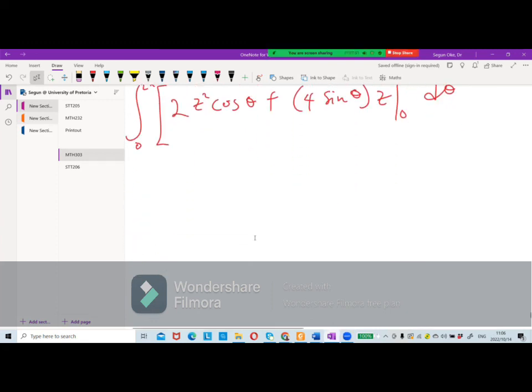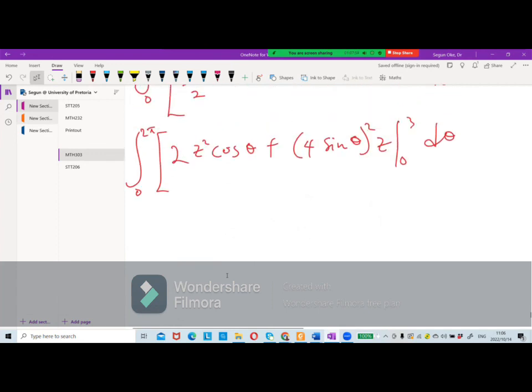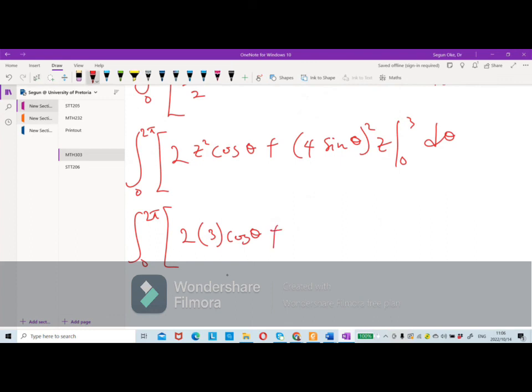So let's substitute. What do I have? 2 into 3 cos theta plus, it is z squared, sorry, 3 squared into 2, 9. Thank you, at least you are here now.